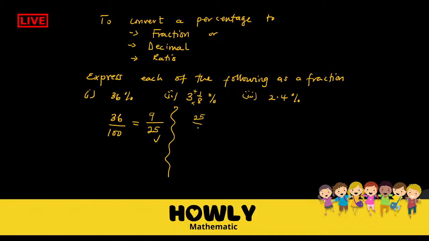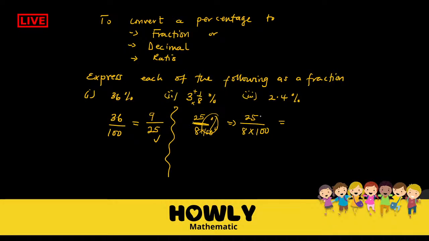Maintain the denominator. Now we are going to bring 25 over 8 times 100, because originally this percentage means over 100. Once the fraction bar is there, we get 25 over 800.